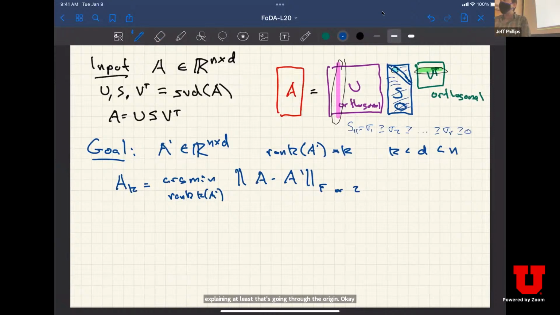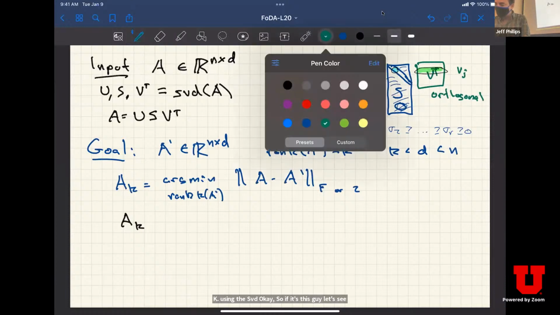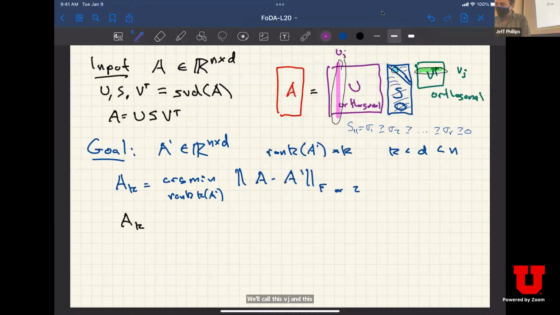Okay, and there are a number of ways that we can reconstruct A sub k using the SVD. We'll call this v_j, and this is u_j, the jth left singular vector, v_j is the jth right singular vector, and sigma_j is the jth singular value.